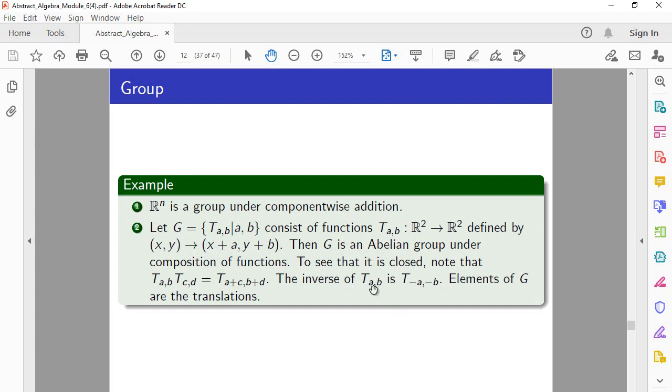T_ab is the translation by a units in the x direction and b units in the y direction, so the inverse is the translation by minus a units in the x direction and minus b units in the y direction. Elements of G are called translations. Again, you can check the details that G is a group under composition of functions, an abelian group.